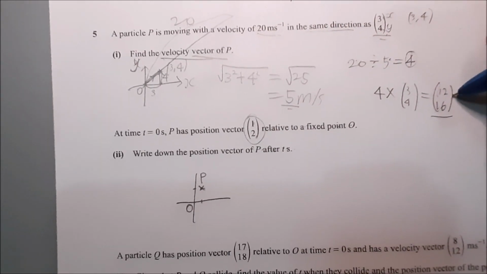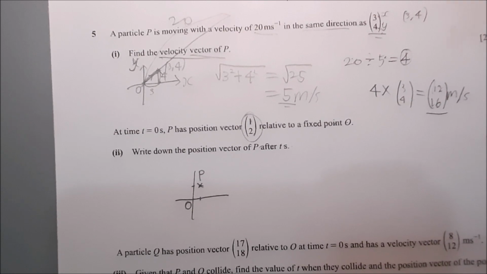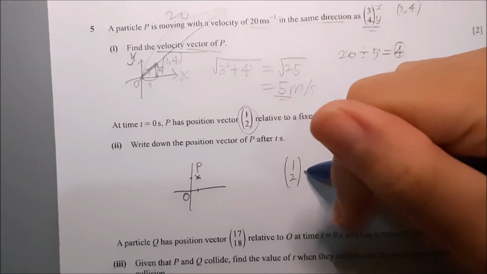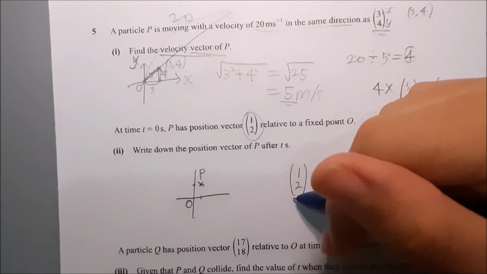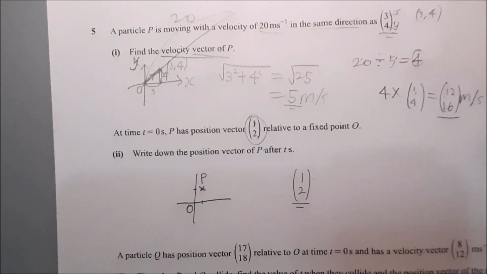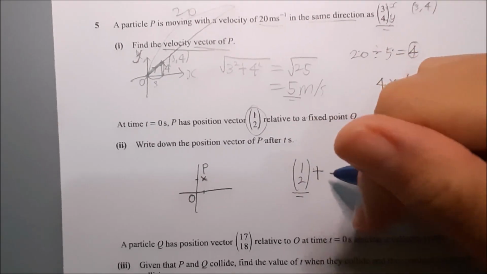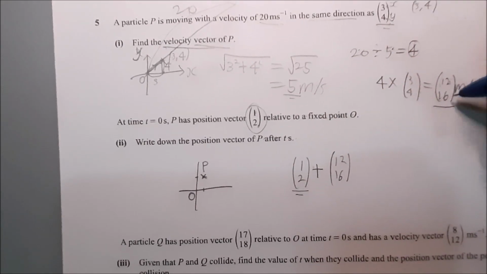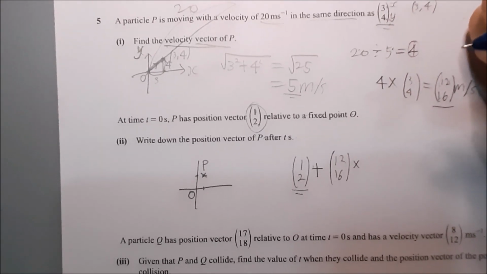This is still speed, in meters per second. Since it starts from there, we have to continuously add the distance it moved from the initial position here. So you just do the initial position plus the velocity vector of P, which is 12, 16, times the time that it moves.